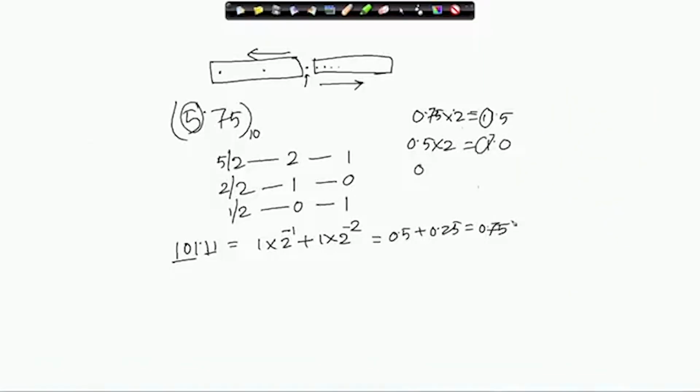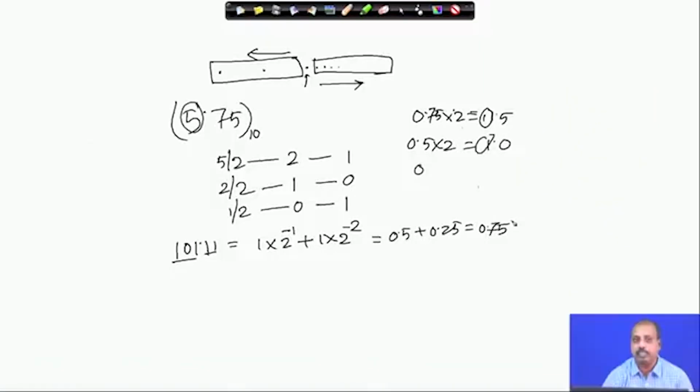Basically, if the number is such that it cannot be represented precisely in that number system, for example, if the fractional part is 0.33, then if you go on multiplying 0.33 by 2, it will never come to 0. It will go on having some remainder.